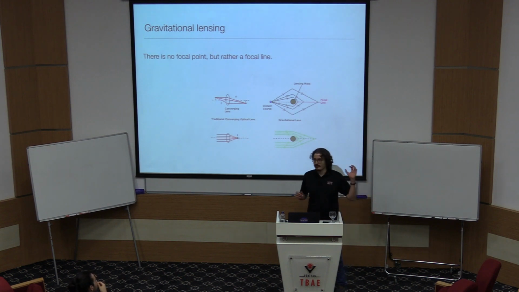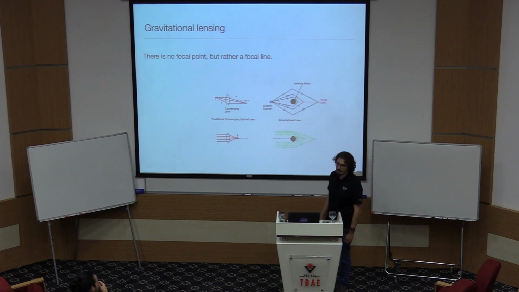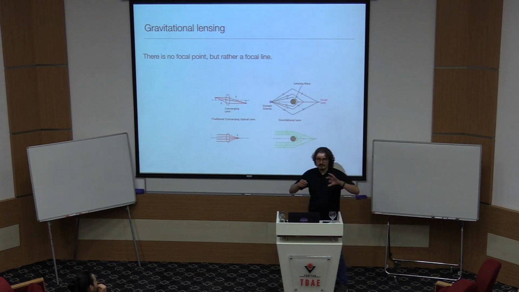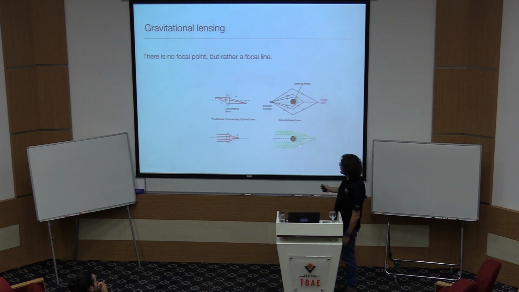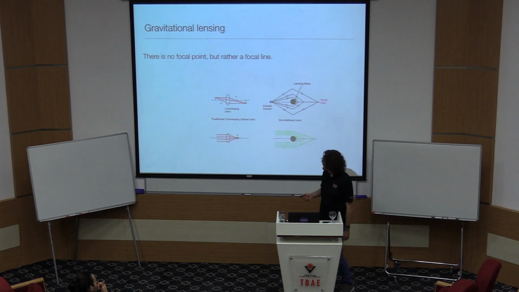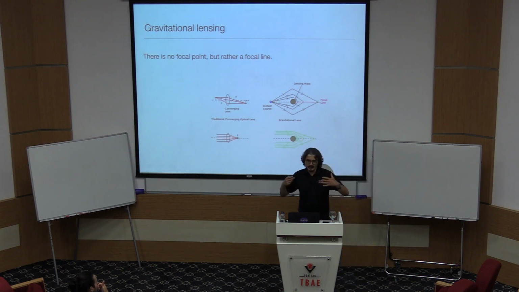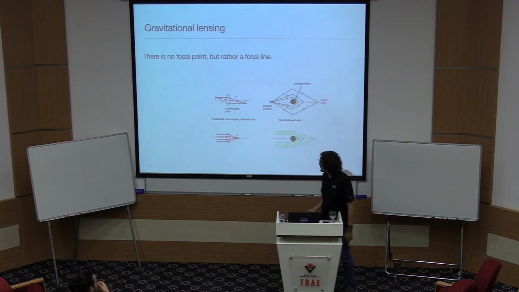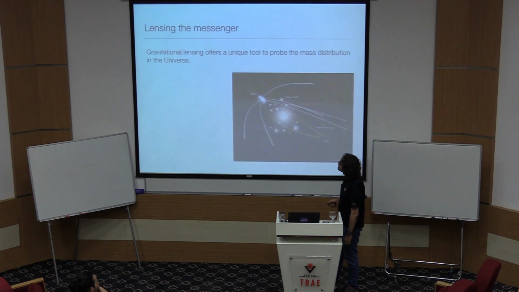So if you have light arriving from infinity, it can be focused onto a point. However, in a gravitational lens, because the amount of bending of light or refraction index depends on where you are in the lens, you never focus all the incoming light rays into a point, but rather onto a line. So that is the difference between the two.